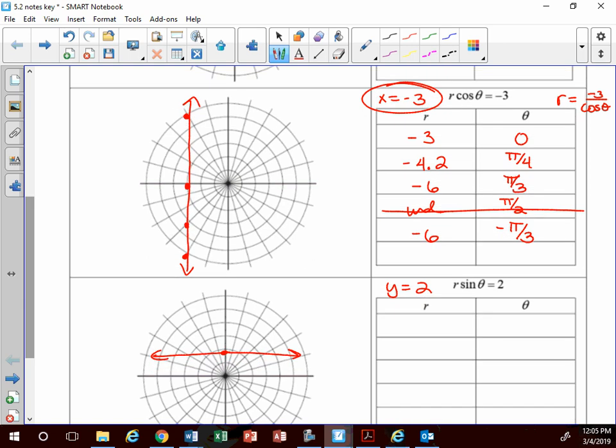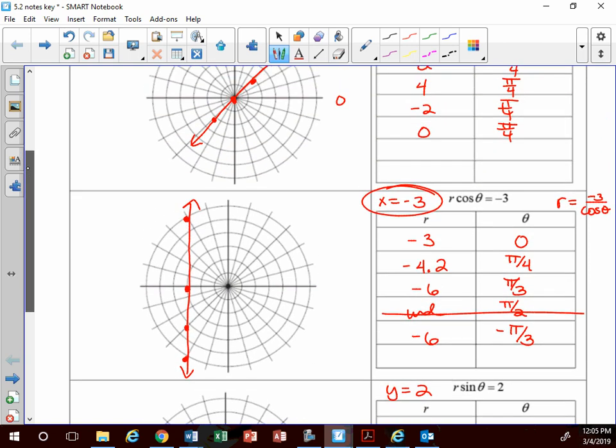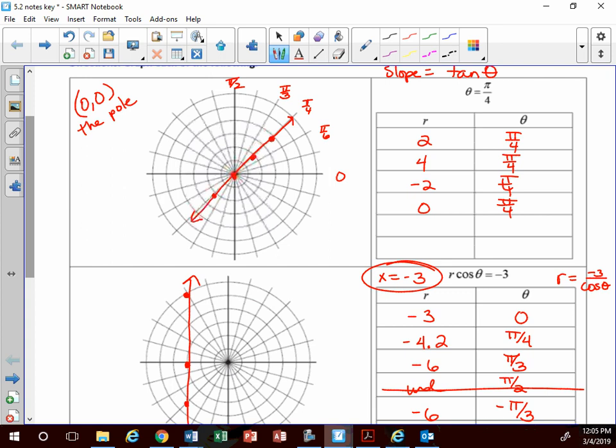Okay. So we have 3 different ways we might see a line. The only way you get an angled line is this, if we're talking about the slope equaling tangent of theta. And then you're either looking at x equals a number for a vertical line, y equals a number for the horizontal line. So lines, we feel pretty good about, right?